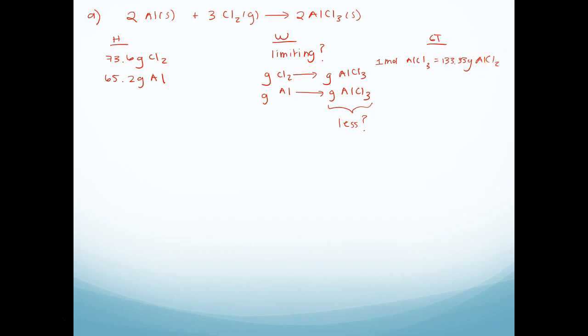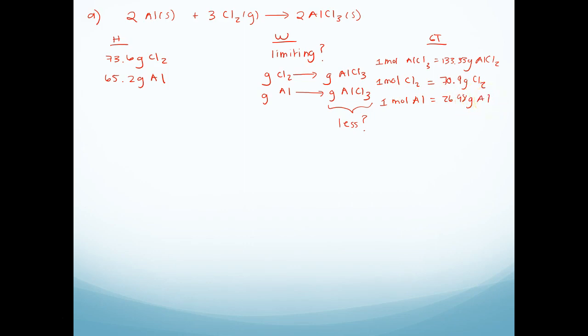Okay, I need it for chlorine. 1 mole of chlorine is going to be 70.9 grams of chlorine. For aluminum, 1 mole of aluminum is going to be 26.98 grams of aluminum.